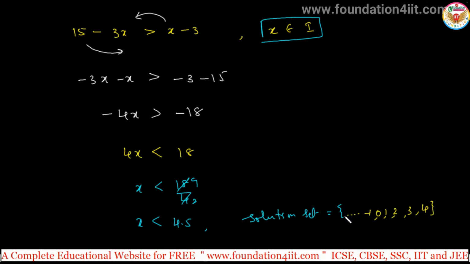Okay, this is the condition we can apply. Right, x is less than 4.5, so we can consider this. These are the main things we need to follow to find the solution set. Only from the set which you are choosing, there is a replacement set.